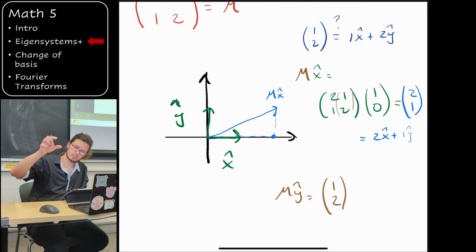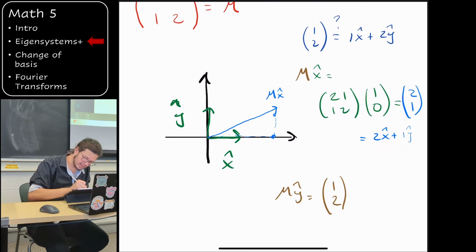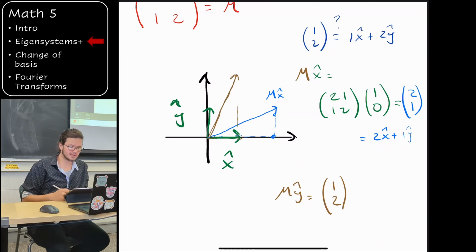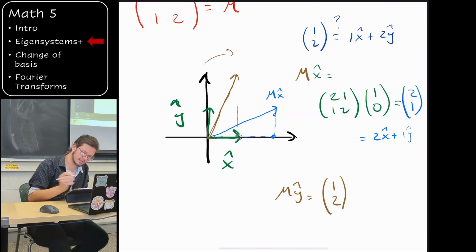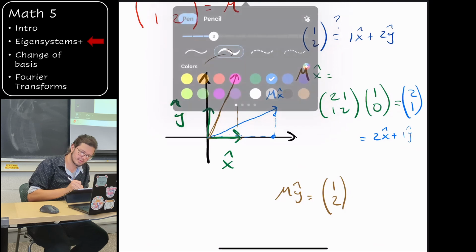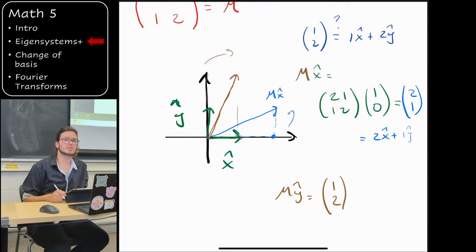Yes, this column. All right. So that vector is 1 in x, 2 in y. So like here. So you see that the action of this matrix on my vector y stretches it up a bit and rotates it a bit to the right. Everybody sees that?